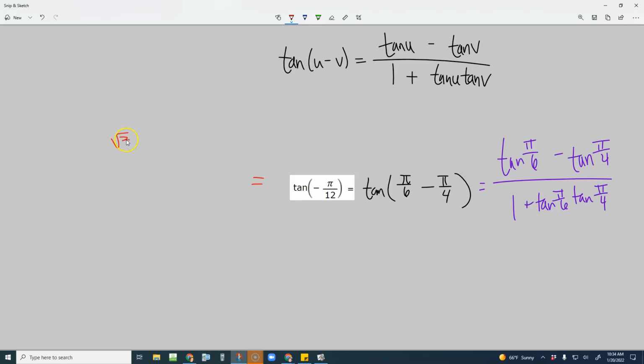Square root of 3 over 3 is what I'm getting for pi over 6. 1 is what I'm getting for pi over 4. Square root of 3 I'm not using because there's no pi over 3. But I am going to come down here and use again square root of 3 over 3. I just changed keys. 1 square root of 3.